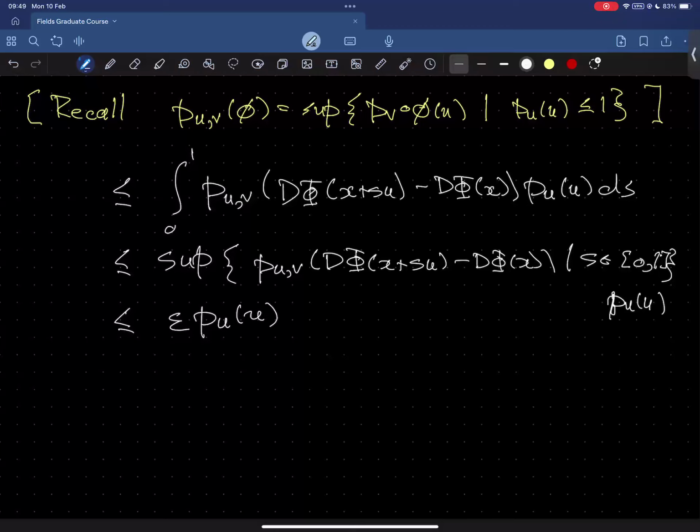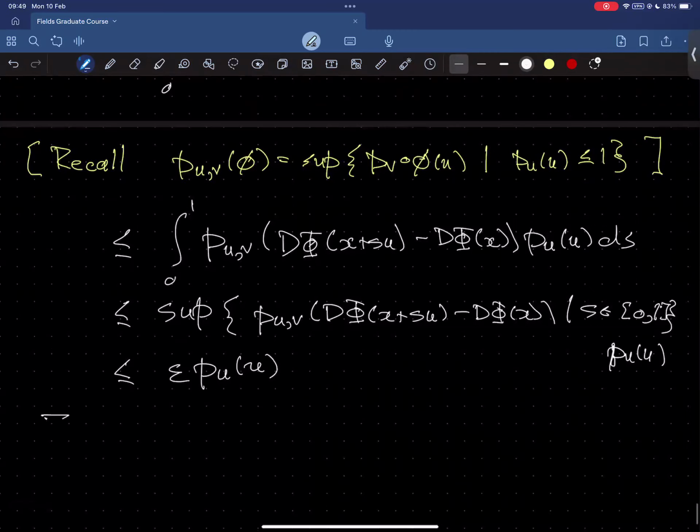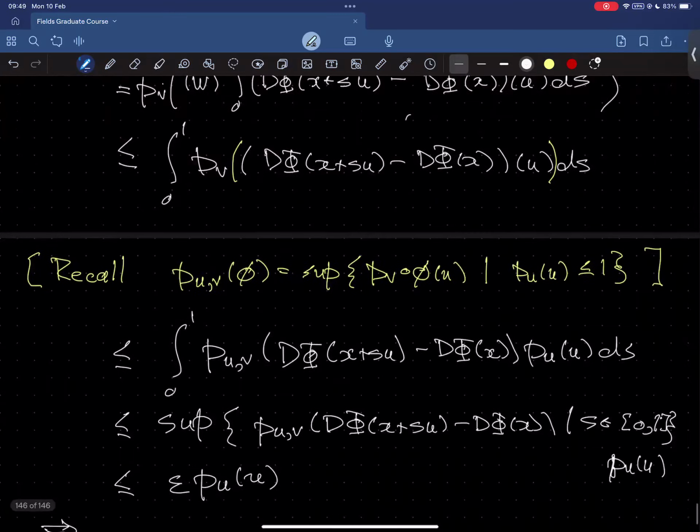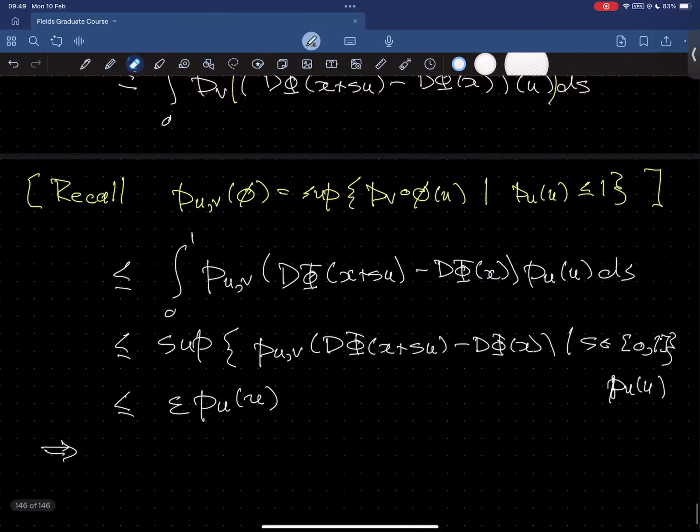Okay, so what have I done? I've shown that for every epsilon, this thing divided by p u of u is less than epsilon. Sorry, let me just write it down.